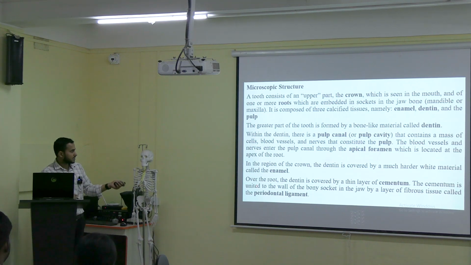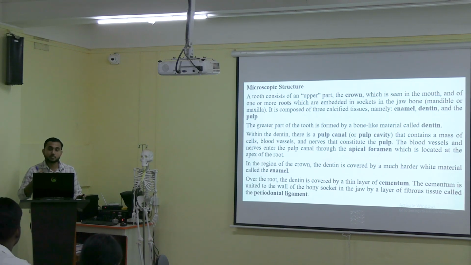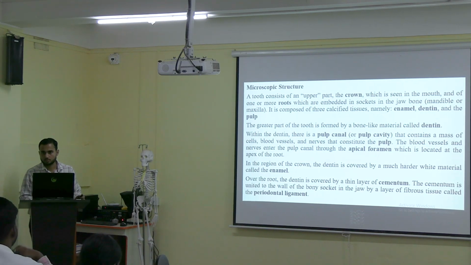Now, the cementum is united to the wall of the bony socket of the jaw by a layer of fibrous tissue called the periodontal ligament. Unless the periodontal ligament is torn or cut, you will be unable to take the tooth out from the alveolar socket.